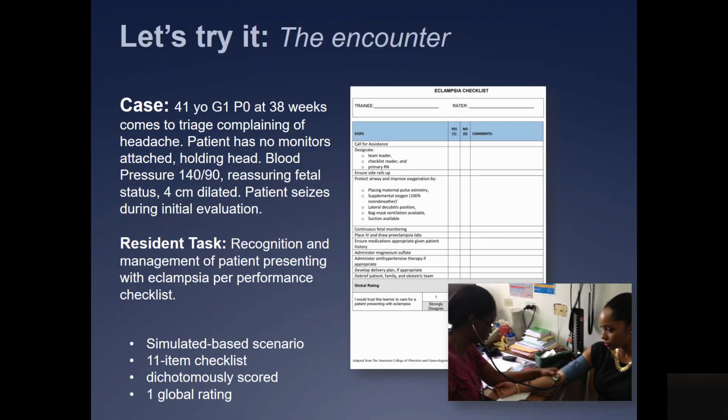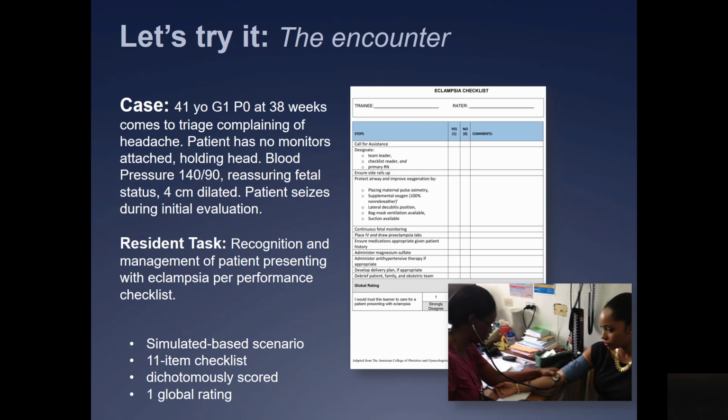As a facilitator, I need to contextualize the setting. If you are going to facilitate a standard setting session, you need to offer a foundation for your standard setting judges, your experts, your panelists. In this case, I've selected a performance assessment in a simulated setting where the patient presents with eclampsia.